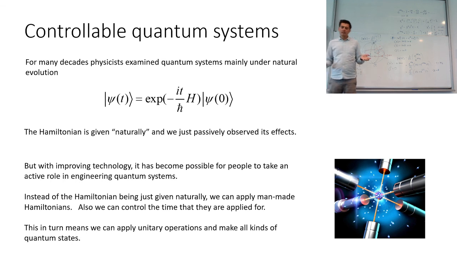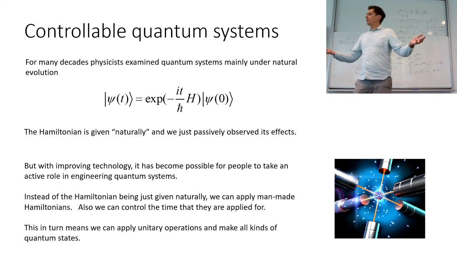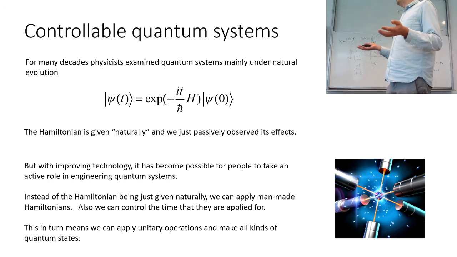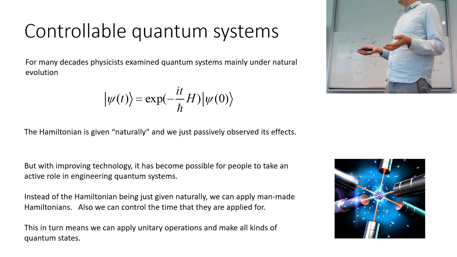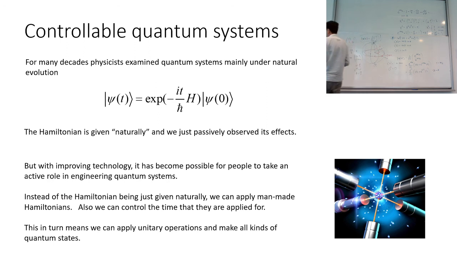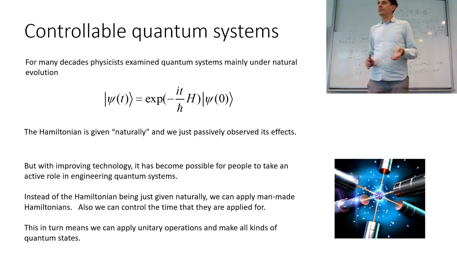We're just going to describe a physical system, and apparently it behaves in this way. So for maybe 50 to 80 years or so, people considered that this Hamiltonian is just something that's given to us by nature.